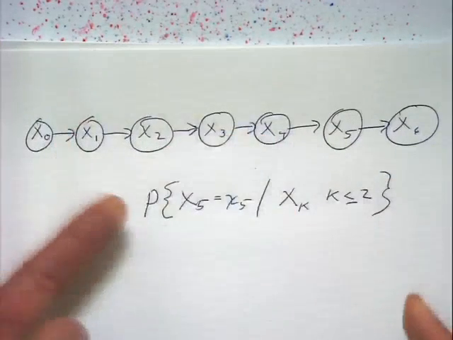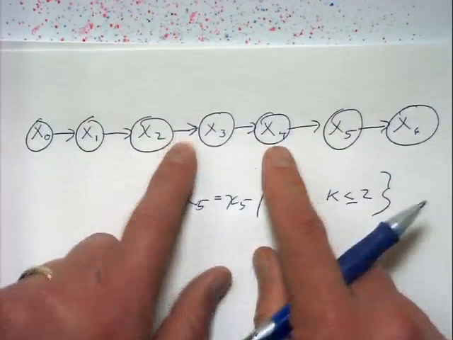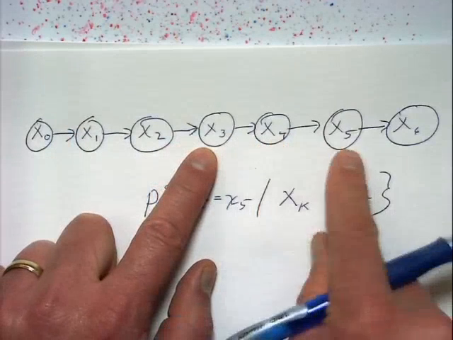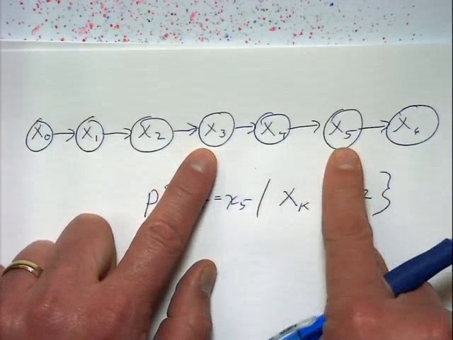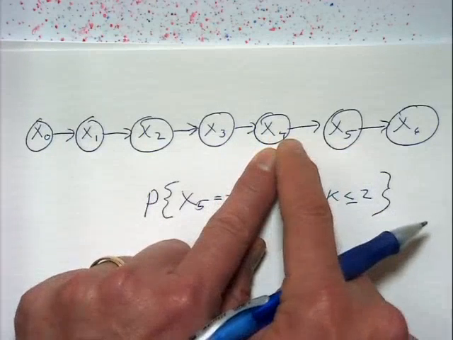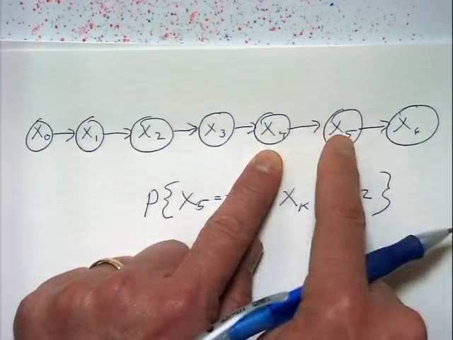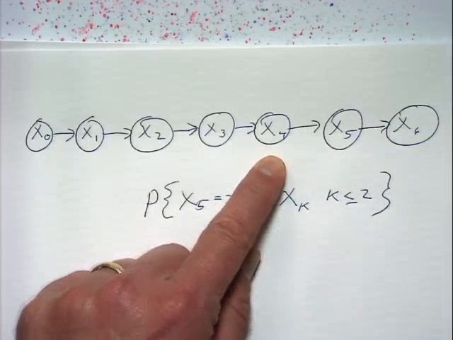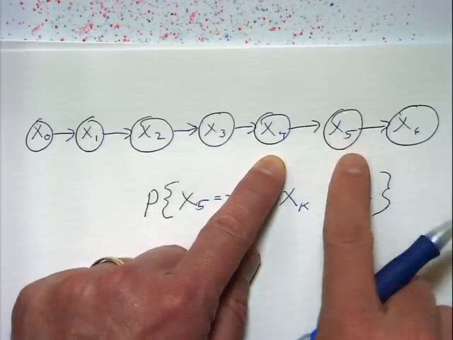Intuitively, what it means to have a Markov chain is that you can produce, say, X5 from X4 through some probabilistic rule, which gets you from here to here. So you have X4, you put it into the probability machine and out pops X5.